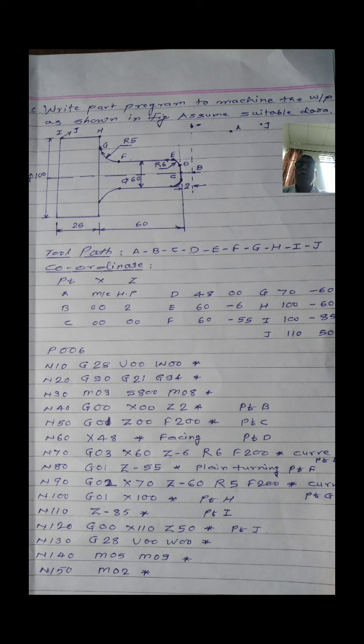Tool movement is in the clockwise direction. Then move the tool from point G to H to perform the turning operation, then from H to I, and again to the point J, which is sufficiently away from the workpiece surface. That is the tool movement.